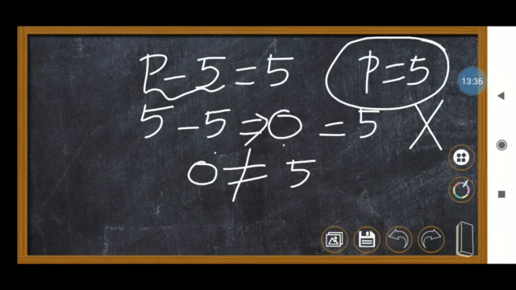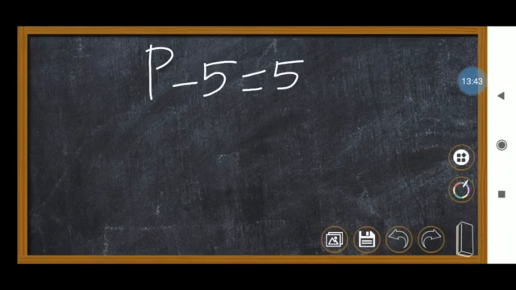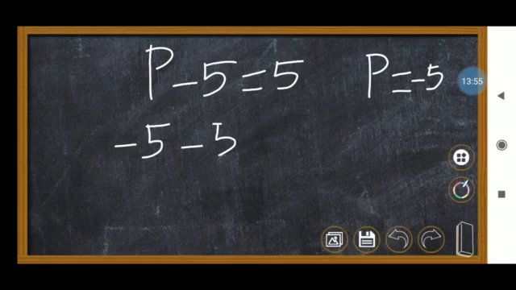Okay, the next one, minus 5. P minus 5 is equal to 5. For the P value I have taken minus 5. Instead of P just write minus 5, equal to plus 5. So remember one thing students, if the symbols are the same, we have to add and put one common symbol.